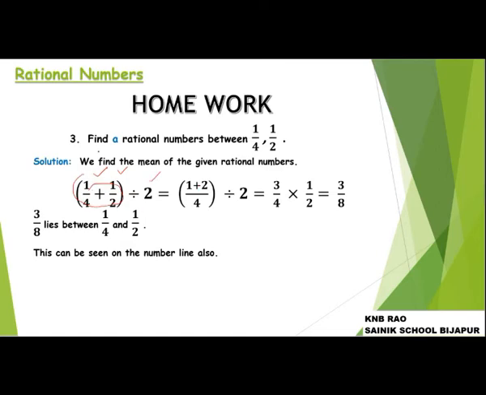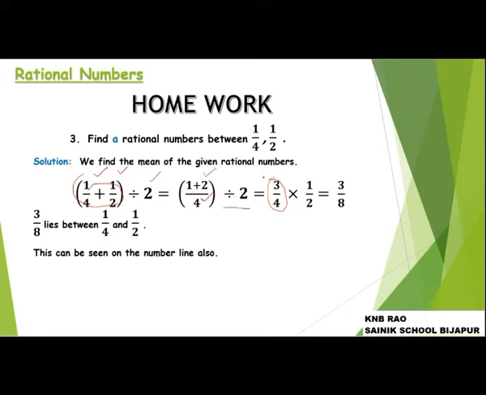Now the sum of 1/4 and 1/2, you know how to do the sum of rational numbers by taking the LCM of 4 and 2, and we get their sum as 3/4. That 3/4 is to be divided by 2.